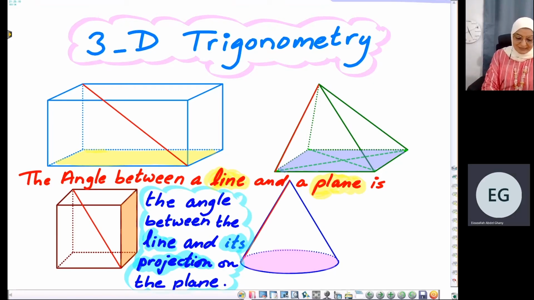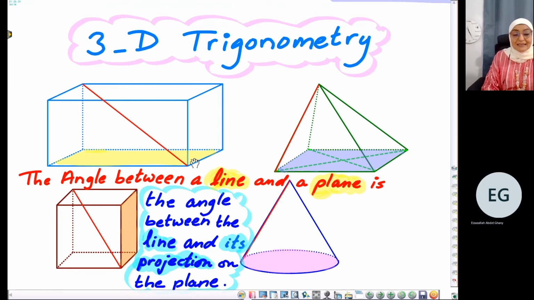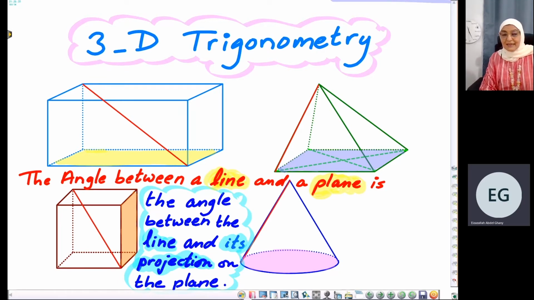Here is a cuboid, and here is the longest diagonal of the cuboid. We need to find the angle between this line and the base of the cuboid, which is highlighted in yellow. The definition says it is the angle between this line and its projection on the plane. The line has two ends.